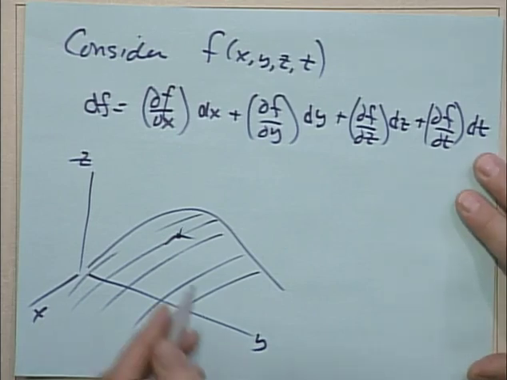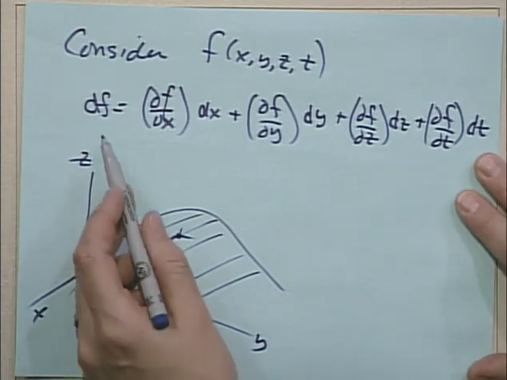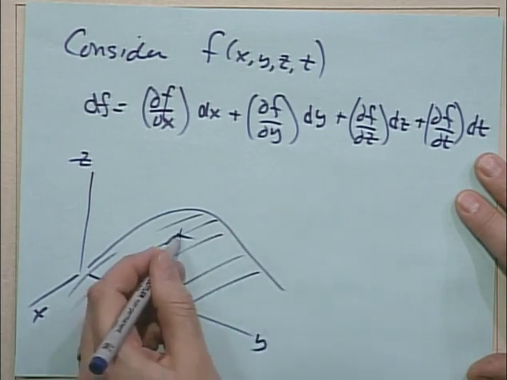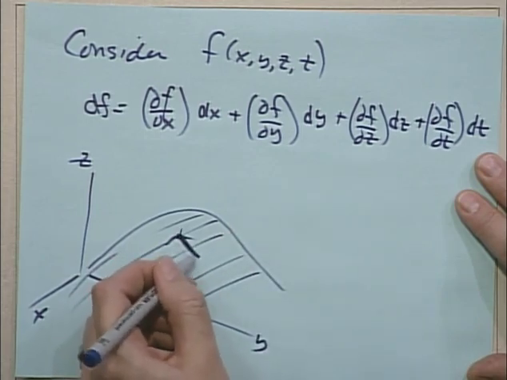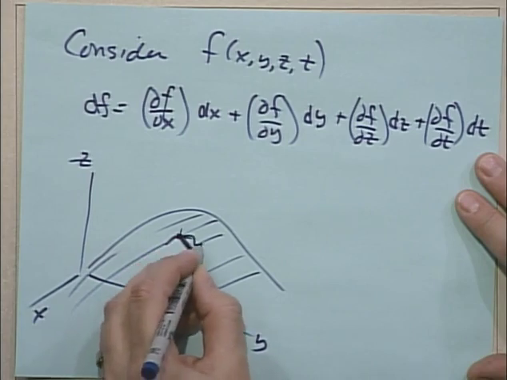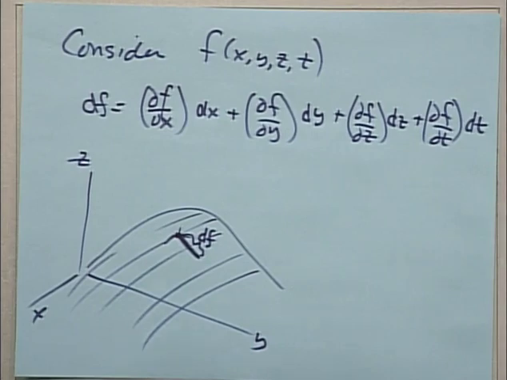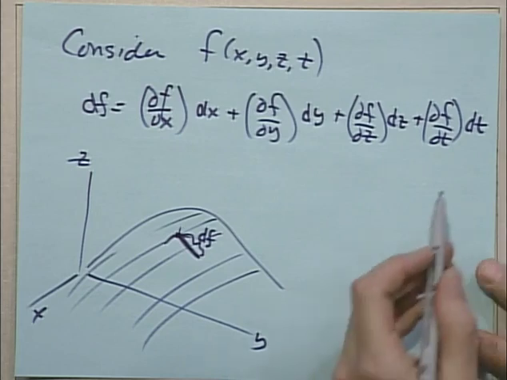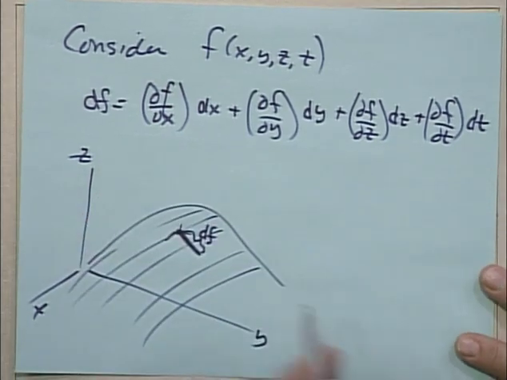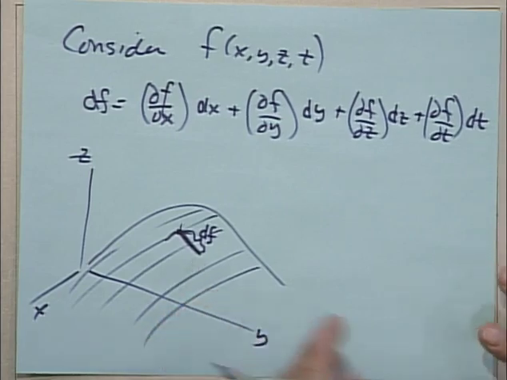And so back then they said, well, you can write this if I go into an arbitrary direction by an amount df, I can break that into the projection of df in the x, y, and z directions, and if I could draw in 4 dimensions, the t direction as well, and get this geometric relationship between the change in the function and the appropriate change in each of the 4 directions.